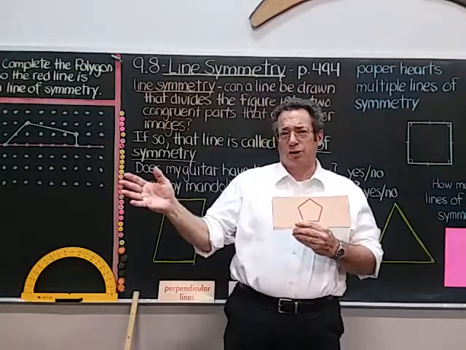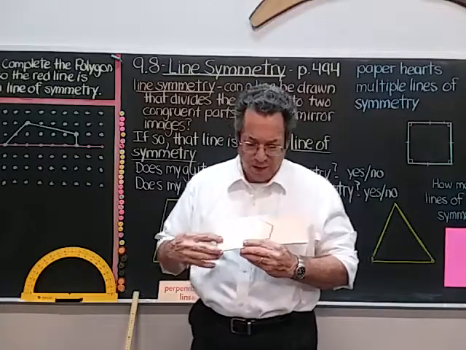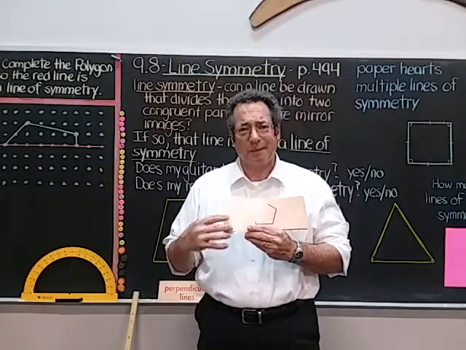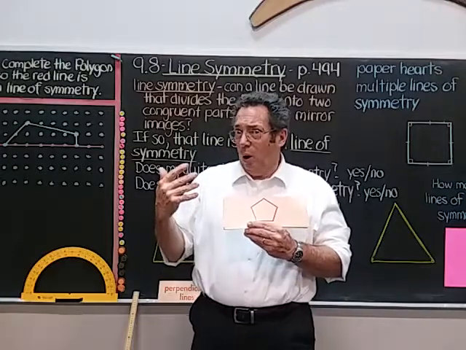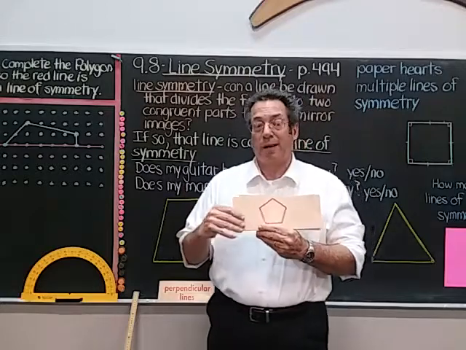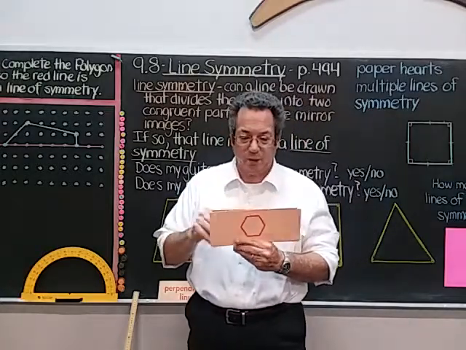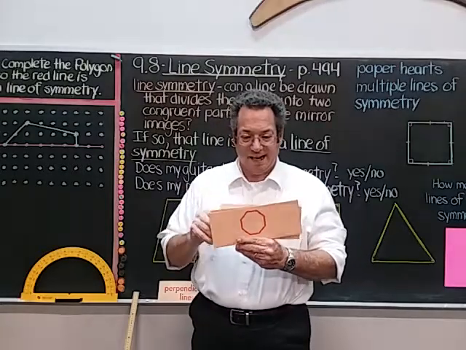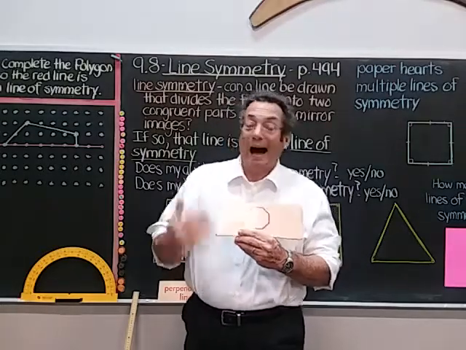Now, what do you call a polygon? We've learned about triangles, 3 sides, quadrilaterals, 4 sides. What about a polygon that has 5 sides? That's called a pentagon. Now, this is not just a pentagon. What kind of pentagon? Well, it's a regular pentagon because all the sides and angles are equal. And this is a regular hexagon. It has 6 sides. And here's a regular octagon.